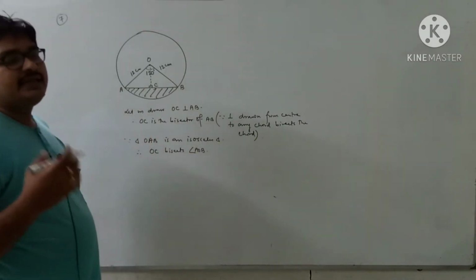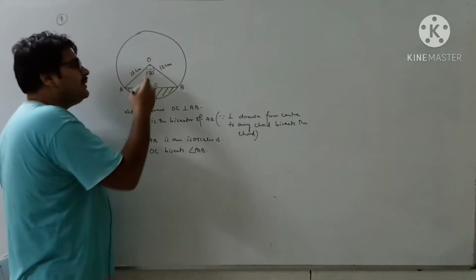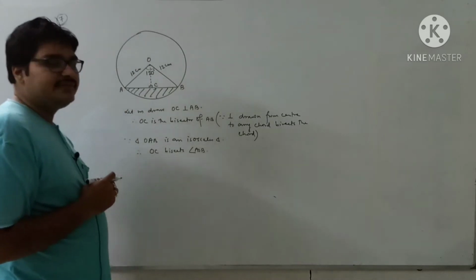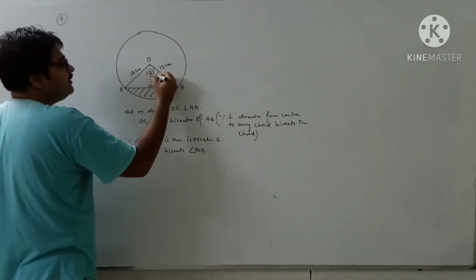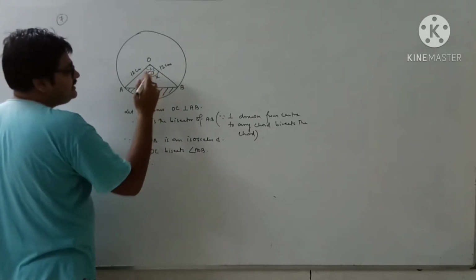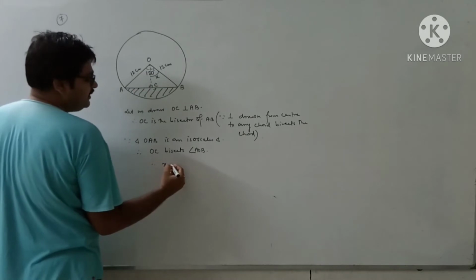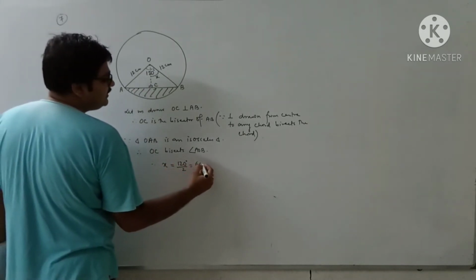Because you know for an isosceles triangle, the perpendicular bisector also bisects the vertical angle. So what is the value of this angle? Therefore we can say from here that x equal to 120 degree by 2, that is 60 degree.